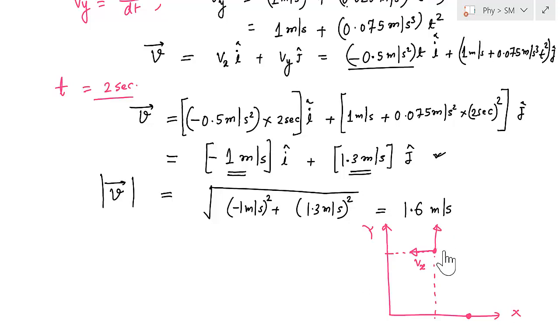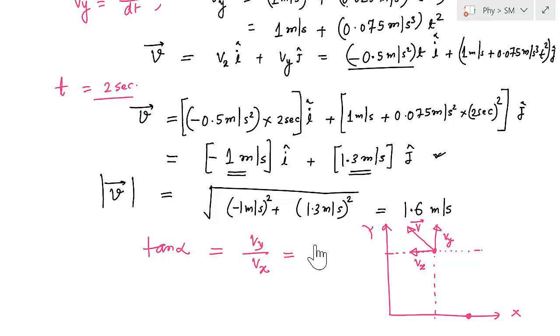So what is the resultant velocity? The resultant velocity will come in this direction. This is Vy and this is the resultant velocity. We can calculate the angle that the resultant velocity makes with the positive direction of the x-axis. If you remember, in the previous video we discussed tan alpha, where alpha is the angle from the positive direction of the x-axis, is Vy divided by Vx.